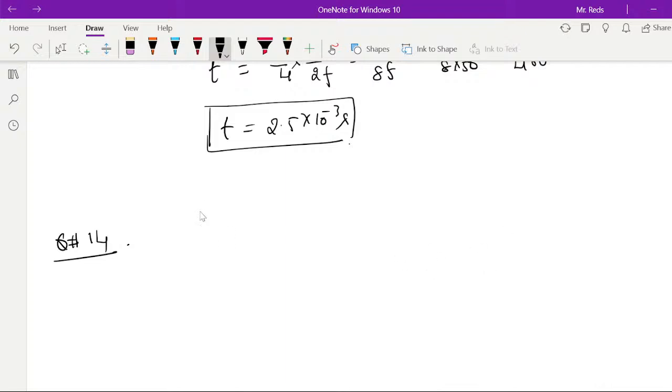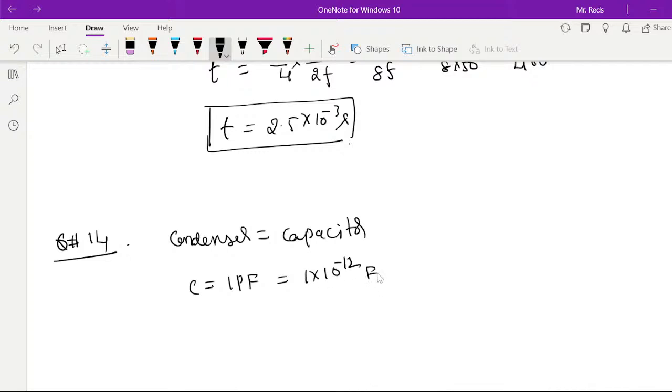Condenser and capacitor both mean the same, okay? A condenser of capacity 1 picofarad means the capacitance of the capacitor is 1 picofarad. PF means picofarad. Pico means 10 power minus 12, so 1 into 10 to the power minus 12 farad.